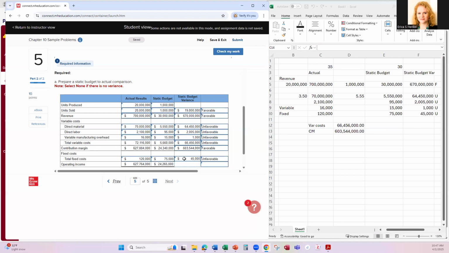And so then when we add up our total difference here in terms of operating income, the static budget variance is 603,499. And again, operating income was favorable. At the end of the day, we had more than anticipated.